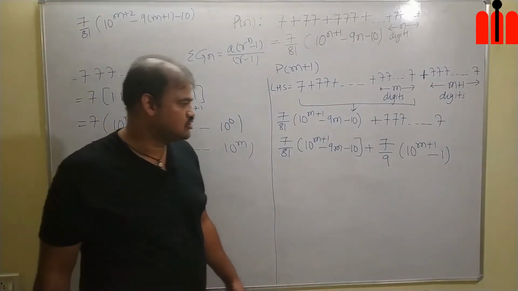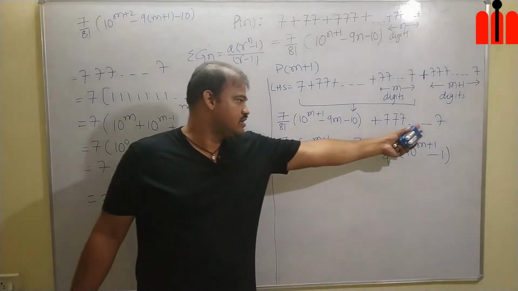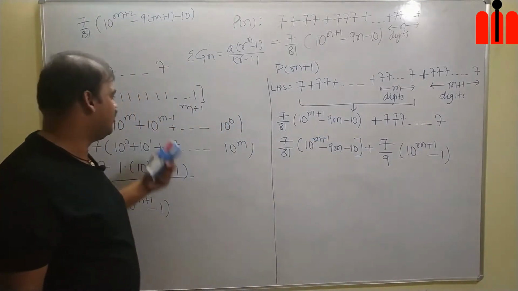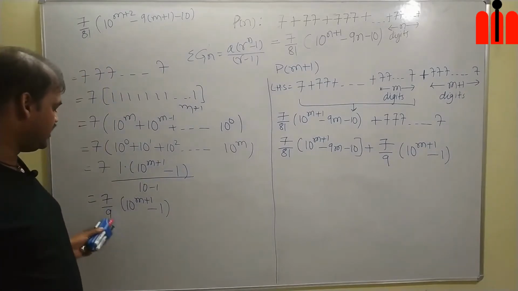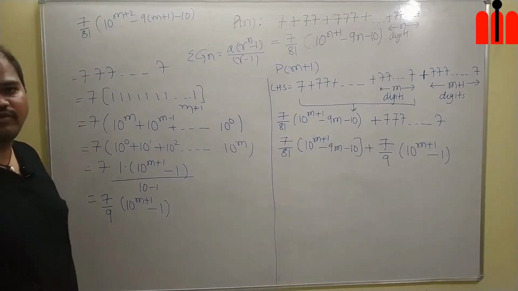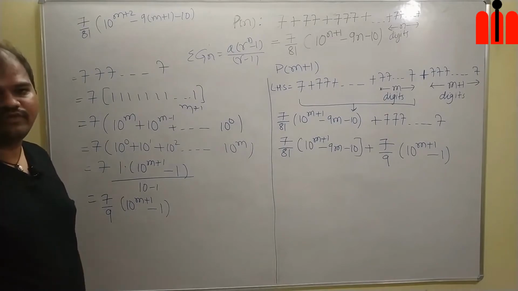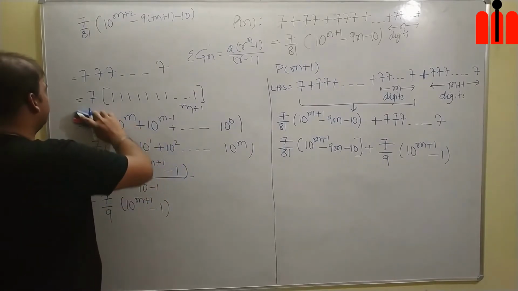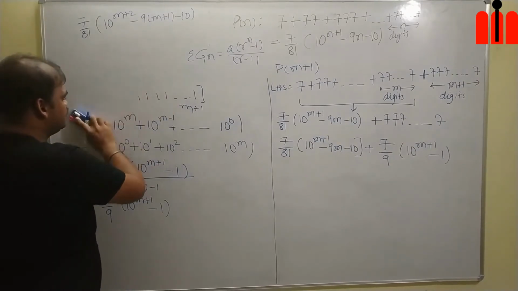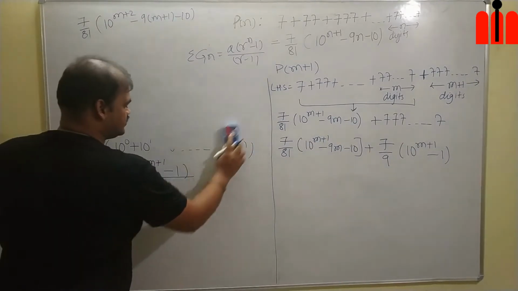Okay, so we had substituted this m plus 1 digits of 7777 by 7 by 9 into 10 to the power of m plus 1 minus 1. So this is what we had substituted. Now let me rub out this explanation.